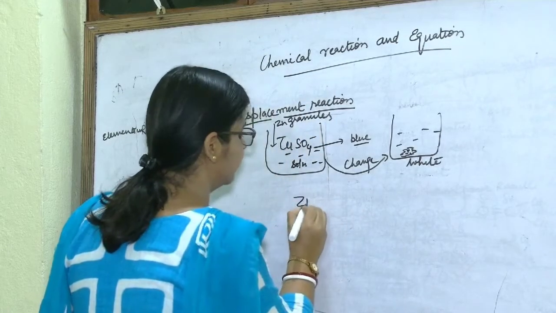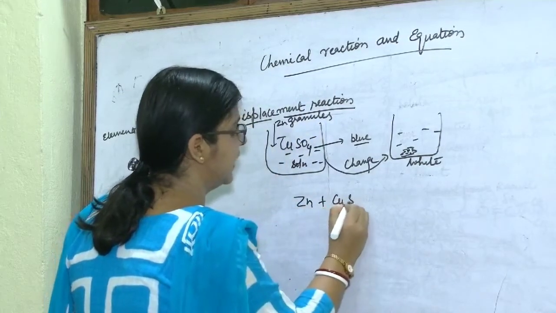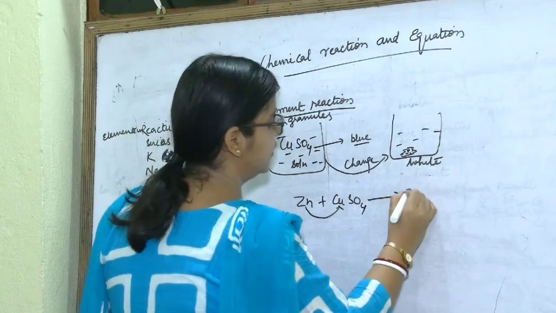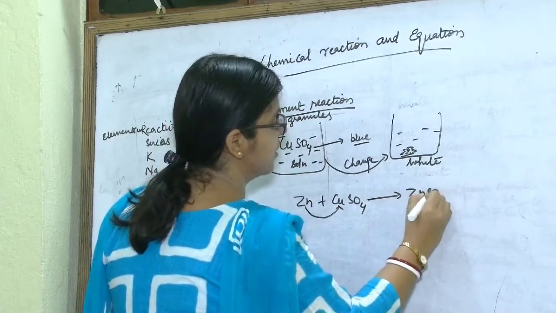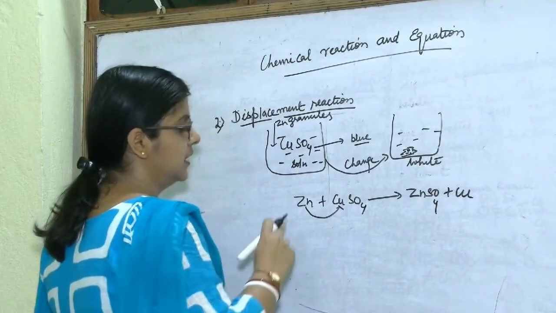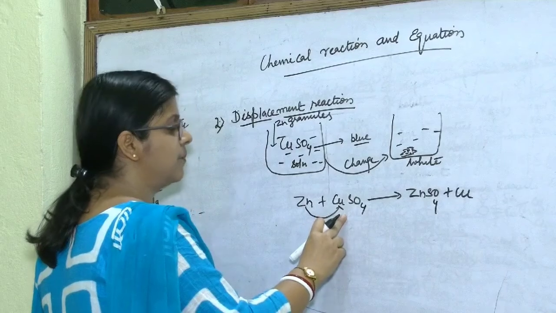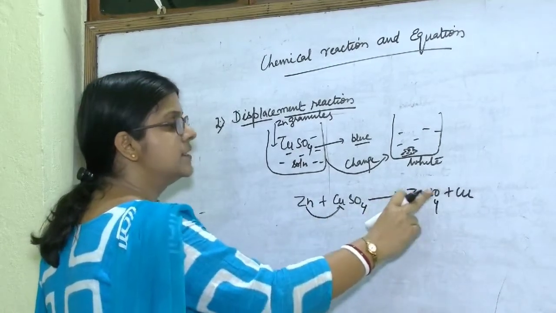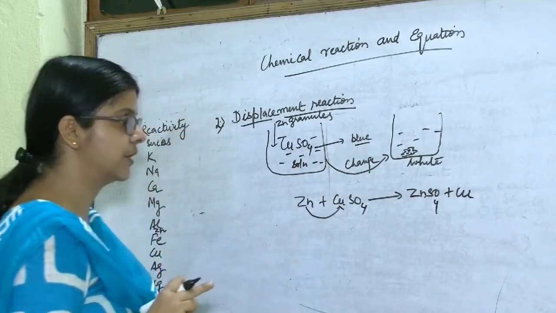This zinc will displace copper from copper sulfate solution and it will result in the formation of zinc sulfate plus copper. It is replacing copper from copper sulfate solution and it is forming zinc sulfate plus copper.